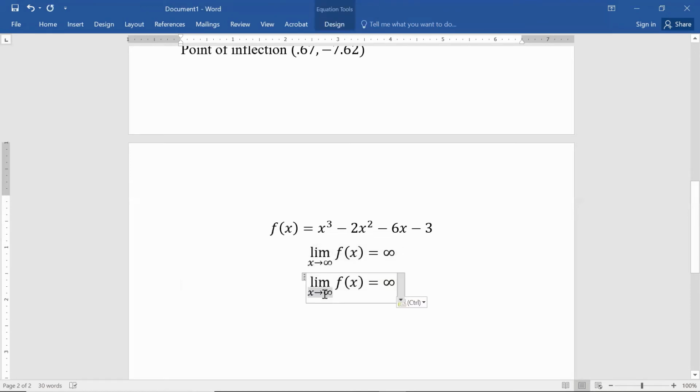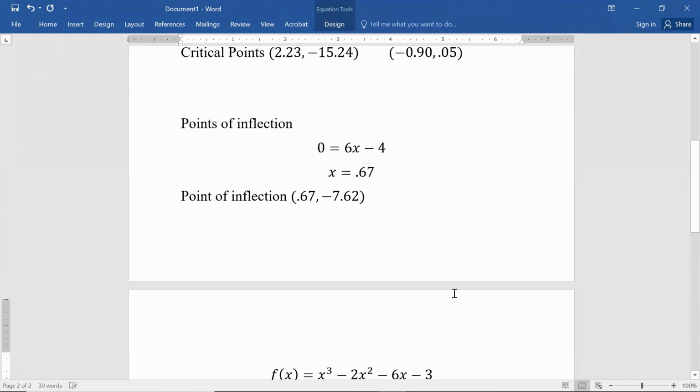If I switch that positive infinity to a negative infinity, well, plugging in negative really big numbers and cubing them also gives negative really big numbers. So as x travels towards negative infinity, the y value travels towards negative infinity as well.